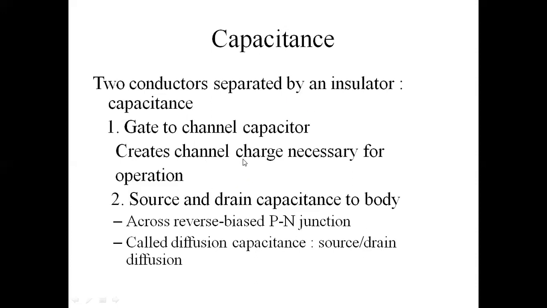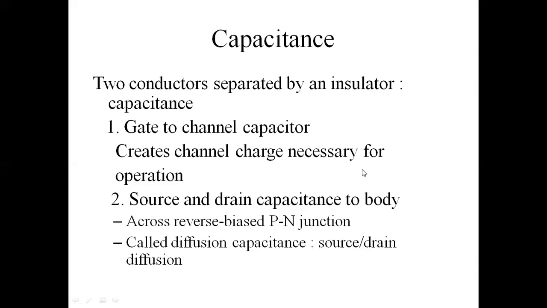The second type of capacitance in the MOSFET is the source and drain capacitances towards the body. The source and drain regions are made of N-type material, and the body is made of P-type material in the case of the N-channel MOSFET.